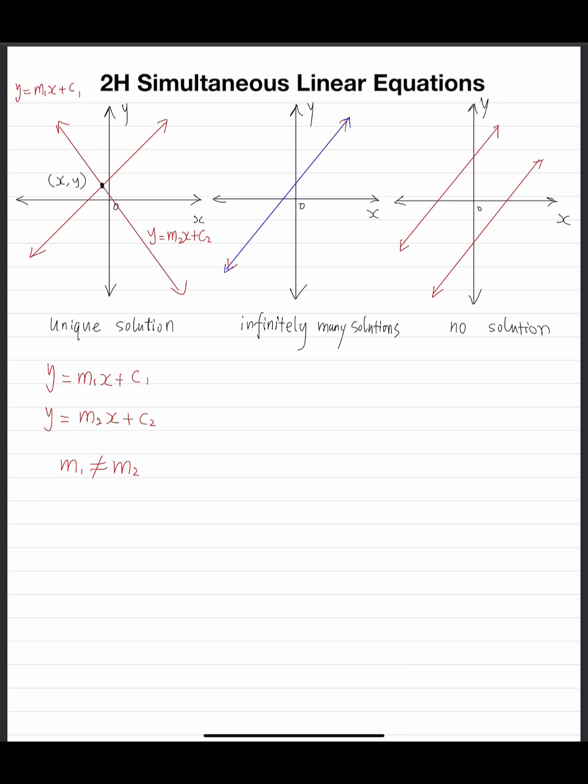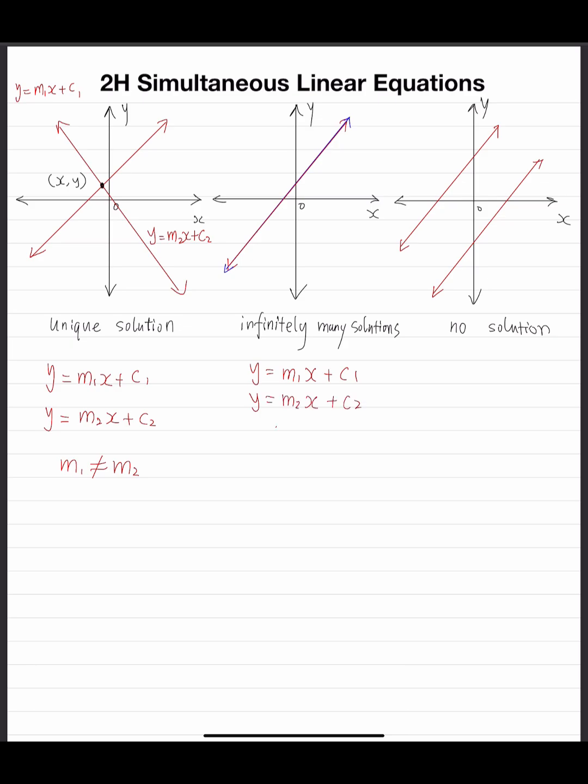Now, the second case is you can see that there are two straight lines, the red and the blue, and they coincide. When the two straight lines coincide, that tells you the two equations are exactly the same. I'm going to also write out y equals m1 x plus c1 and y equals m2 x plus c2.